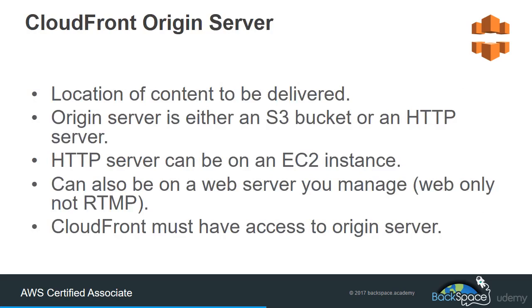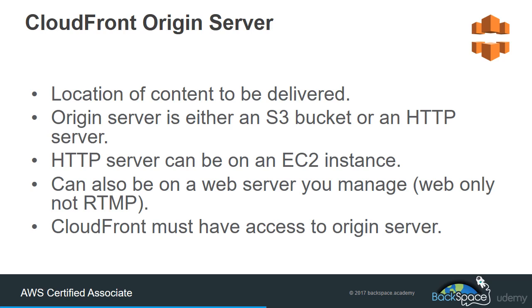The CloudFront origin server will be the location of the content that we are going to be delivering across the CloudFront content delivery network. The origin server can be either an S3 bucket containing our content, or it can be an HTTP server. For example, it could be an EC2 instance. It doesn't have to actually be on our AWS infrastructure; it can be a web server that we manage outside of AWS.